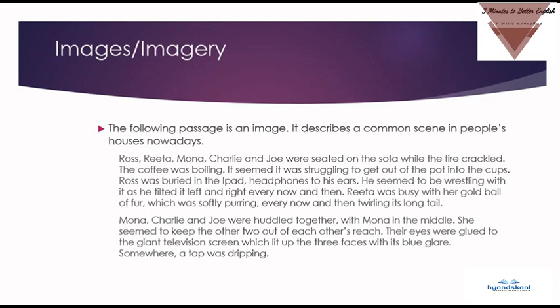He's giving us a very cozy and happy image of people being together. Then these 3 people were huddled together, and Mona was in the middle, trying to keep the other 2 from fighting. A beautiful scene the writer has created using only description. He is not saying that this is a beautiful household scene. He is giving us the picture to understand what it is.